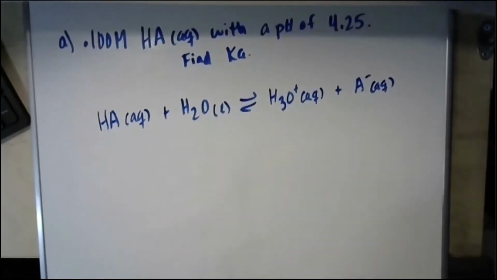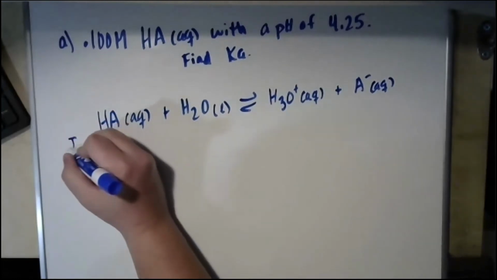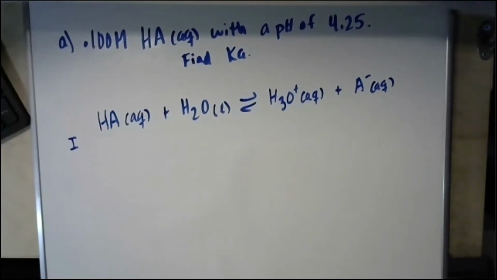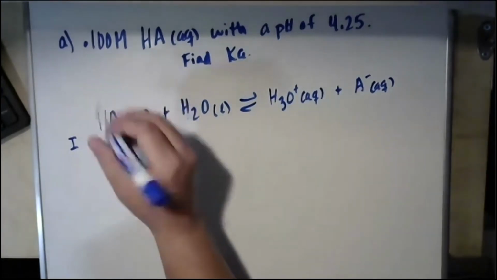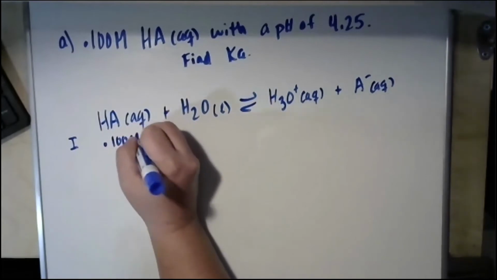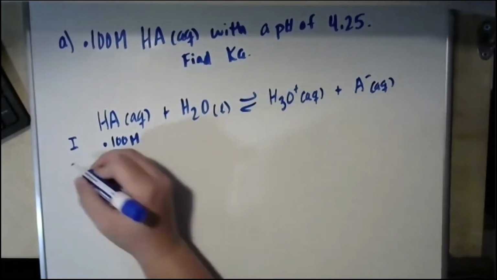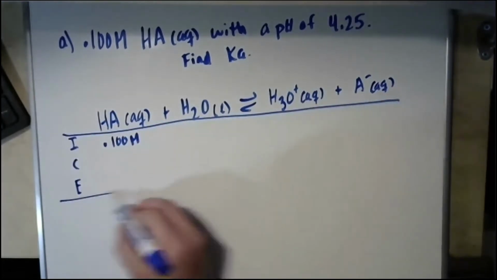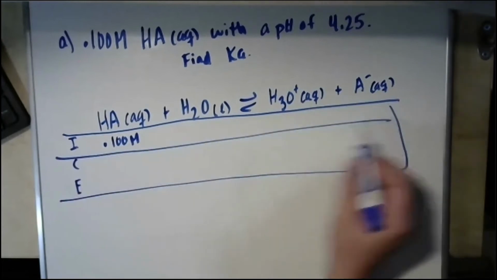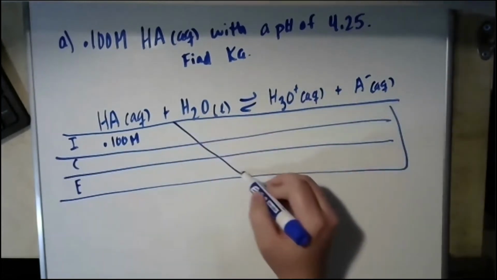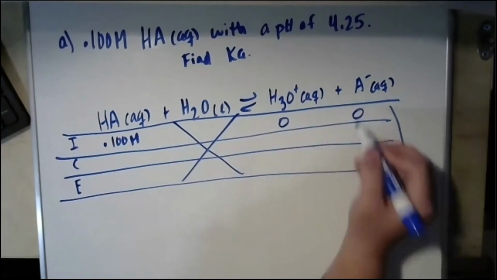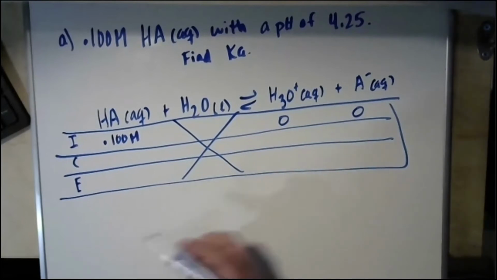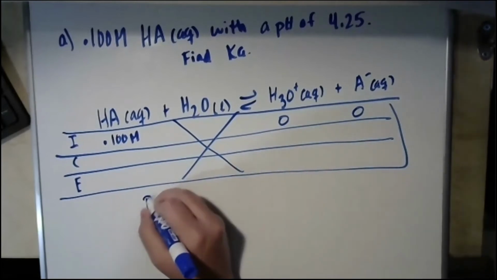Now here, they gave us the initial concentration of the weak acid. So that's going to be our 0.1 molar. We just sketch out this ice table. And they also gave us a new piece of information here. They gave us the pH.